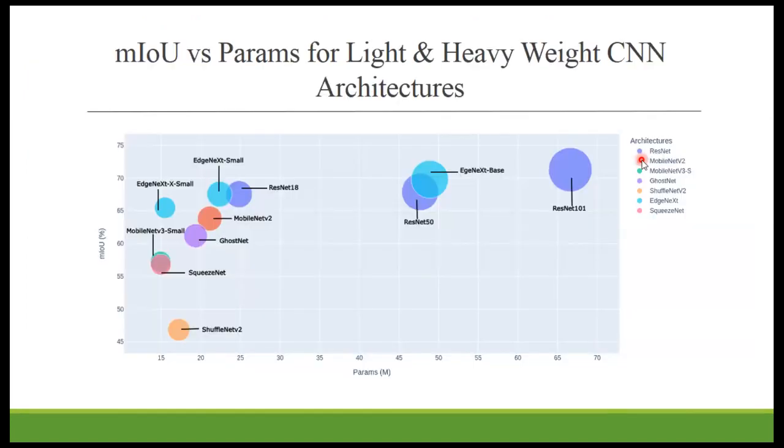As you see, this is a plot of params versus mIoU. This is ResNet 101, which has the highest parameters. When we compare the metrics, it is around 71.4. So it is equally better. We are getting nearly equal results with some 5 to 6% drop with the lightweight architectures as well.